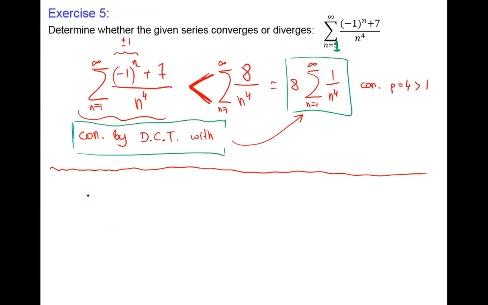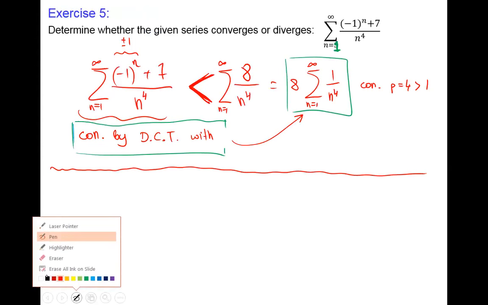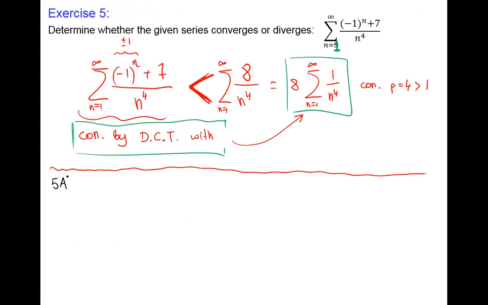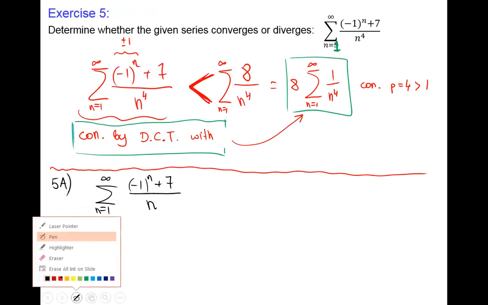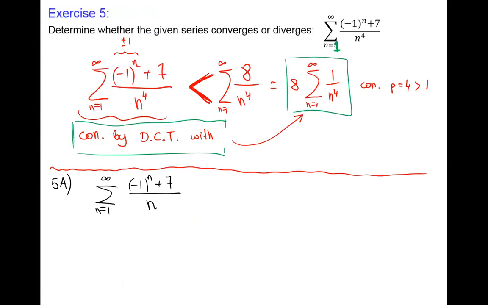But what if I give you an example, let's say 5a, because I would like to show you how we can deal with this. Negative 1 to the n plus 7, just over n. We can see what I did: I drastically changed the denominator.